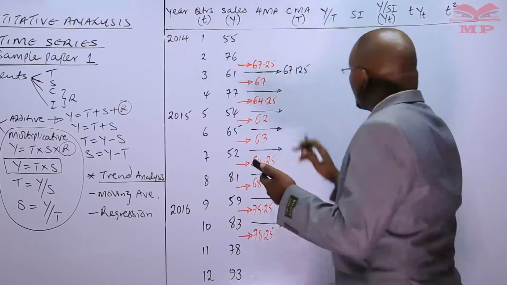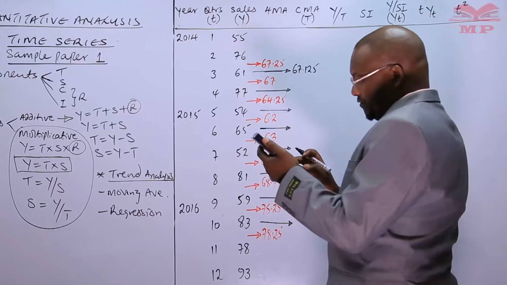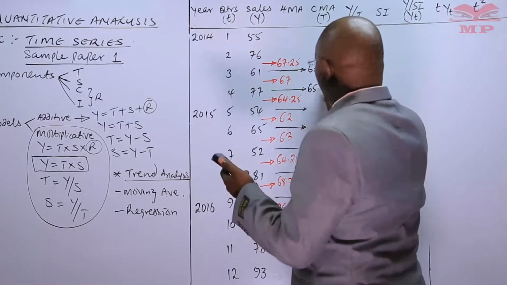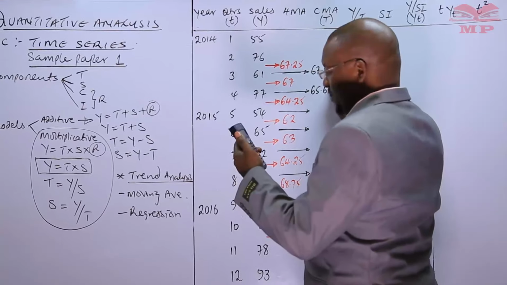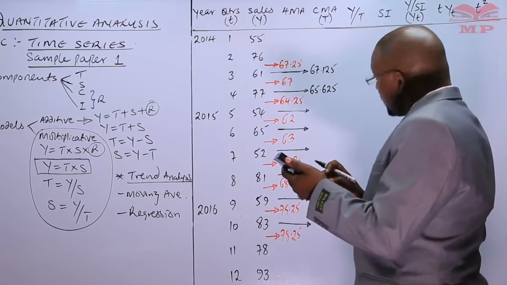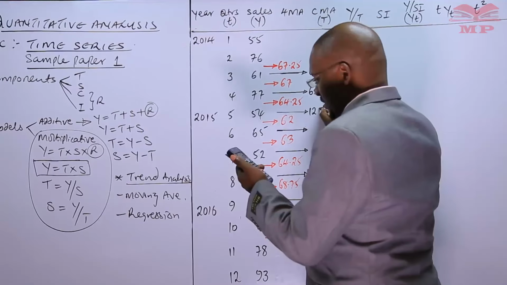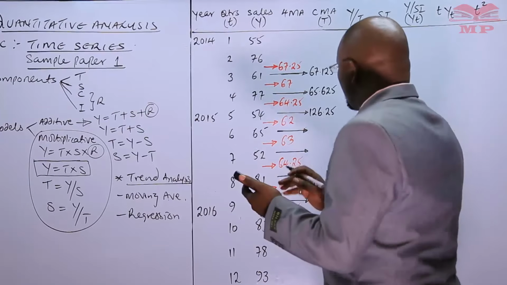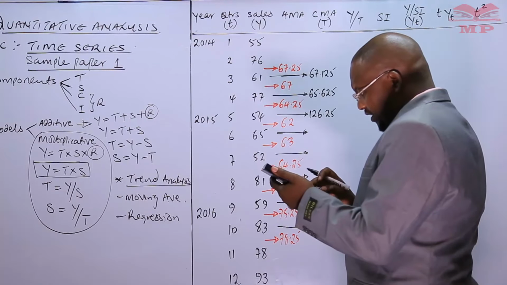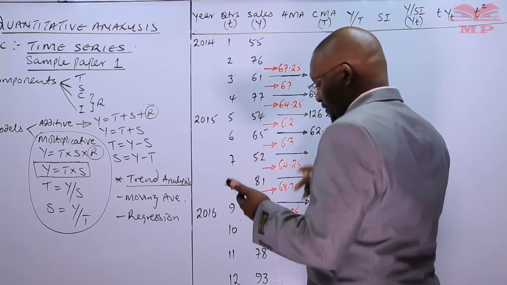67.125. This is 67 plus 64.25. Divide by 2. This is 65.625. 64.25 plus 62, divide by 2, is 63.125. Then you have 62 plus 63. Divide by 2 is 62.5.